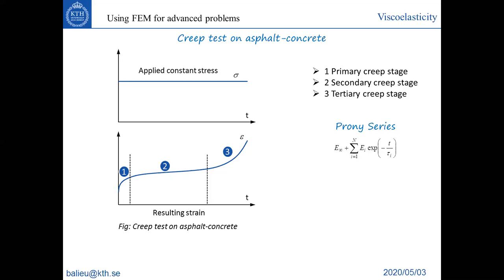What happens now when your time increases? This is not 1 anymore. And if you increase the time sufficiently long, let's say t tends to infinity, then exponential of minus infinity gives 0. That means all these parts will become 0, so at the end you will have only E infinity.